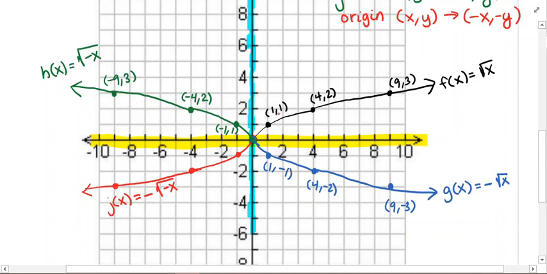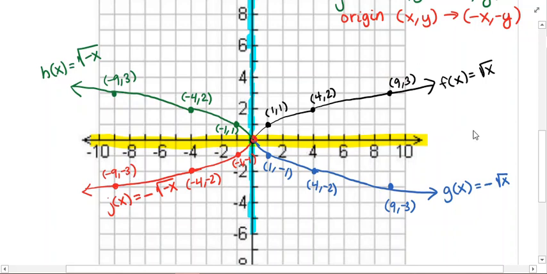If you take the point 1, 1 and you change the sign of x and you change the sign of y, that sends you to negative 1, negative 1, which is this point. If you take 4, 2 and you change both signs, the point's going to get shipped to negative 4, negative 2. The last point here, if you take 9, 3 and you change the sign of both coordinates, you're going to get negative 9, negative 3. Okay, you're changing the sign of both x and y.